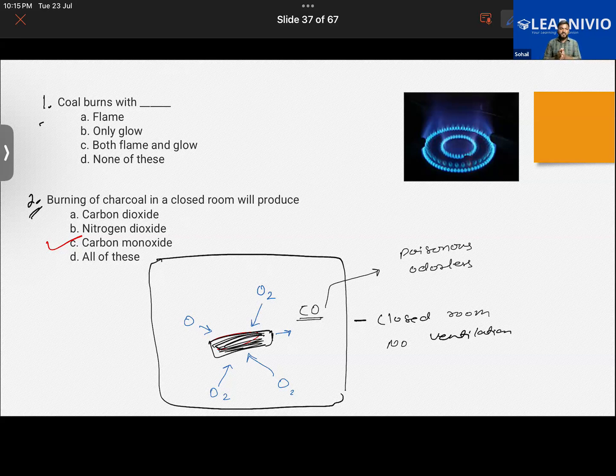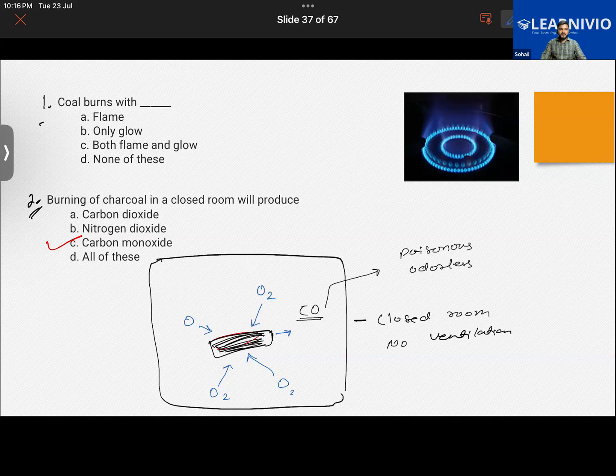And you will find that a carbon black layer is left on the bottom of heated objects, like the bottom of the cooking pan, which becomes black. If the burner is rusted, due to deposition of unburned carbon particles on the base of the cooking utensils, it will become black.